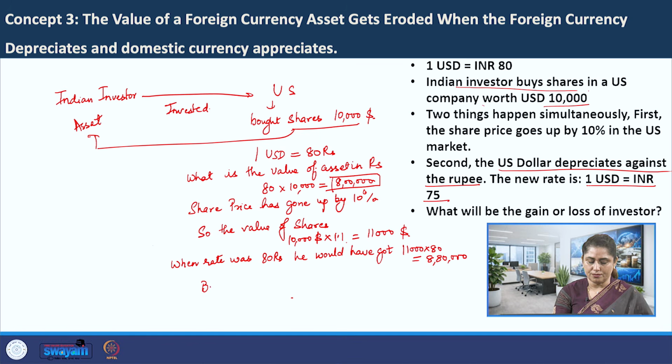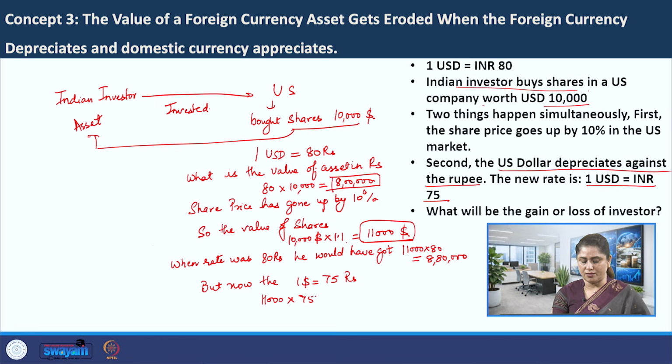But now the dollar is equal to 75 rupees. So, when he converts his dollar asset into rupees, how much will he get? 11,000 into 75, so he will get 8,25,000.